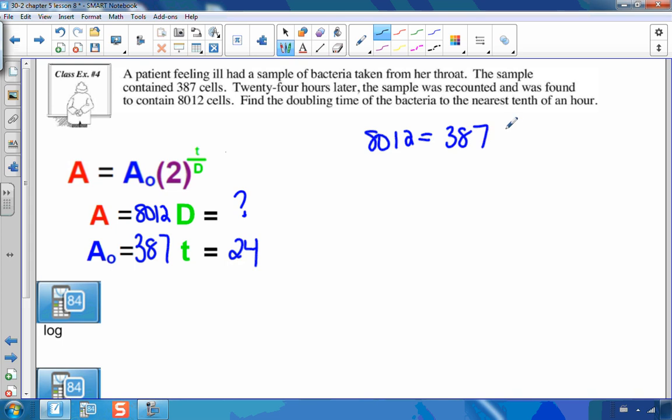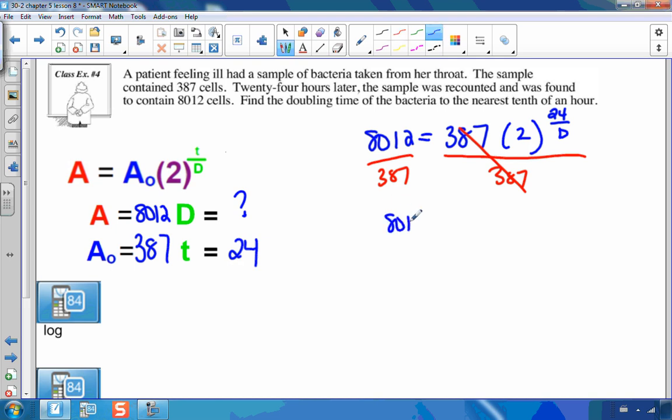So 8,012 over 387 equals 2 to the 24 over d. Because I only have one log, I'm going to use bay: base, answer equals exponent. This log here is just a number, so I can put it into my calculator to figure out what that number is.